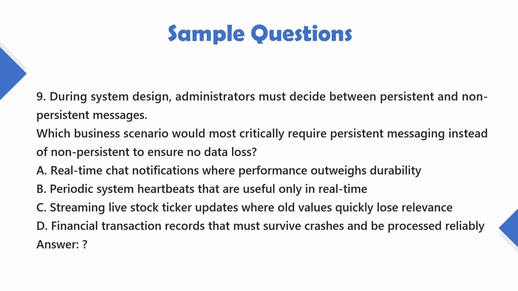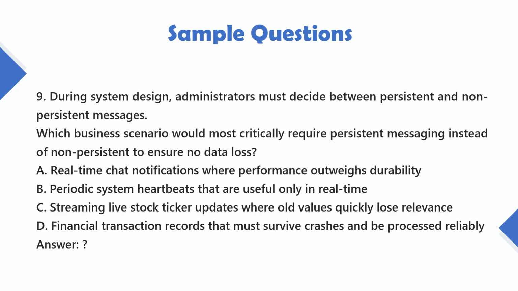9. During system design, administrators must decide between persistent and non-persistent messages. Which business scenario would most critically require persistent messaging instead of non-persistent to ensure no data loss? A. Real-time chat notifications where performance outweighs durability.